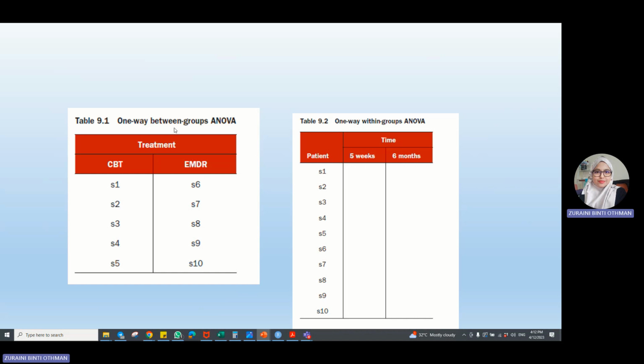This is what we call one-way between-group ANOVA. And this is one-way within-group ANOVA, where we continue with the 10 patients using one particular treatment, which is CBT, and we monitor at 5 weeks and another at 6 months. This is what we call within group.